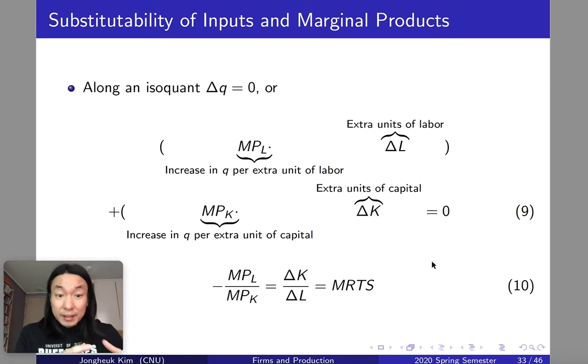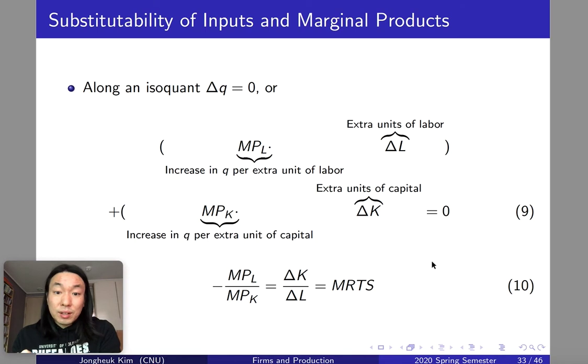Then there will be a negative number, exactly the same as the first parenthesis. The second parenthesis means the total amount of output that is decreased by the decreased amount of input K, right? Because MPK, or the marginal product of capital, means the marginal increase in the quantity of output because of an extra unit of capital. So if you increase one more unit of capital, then there will be some increase in the total output, that is the MPK.